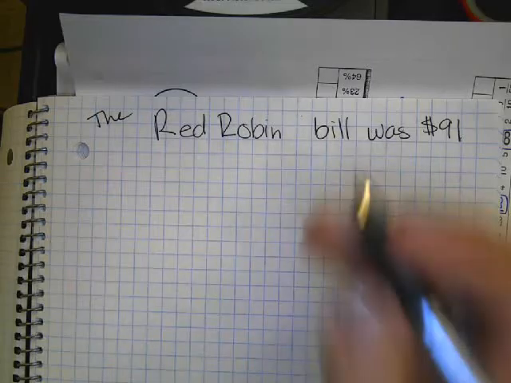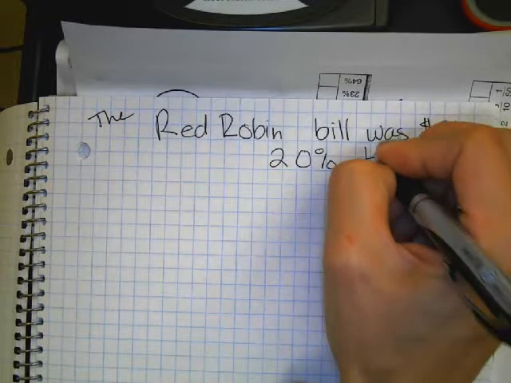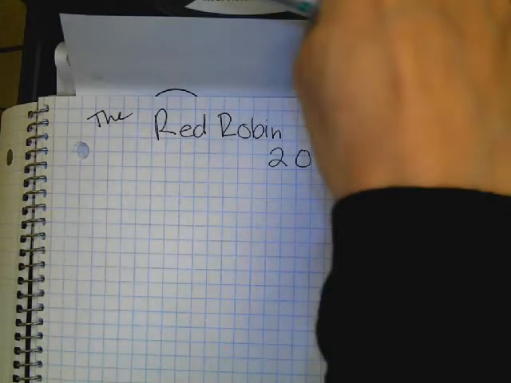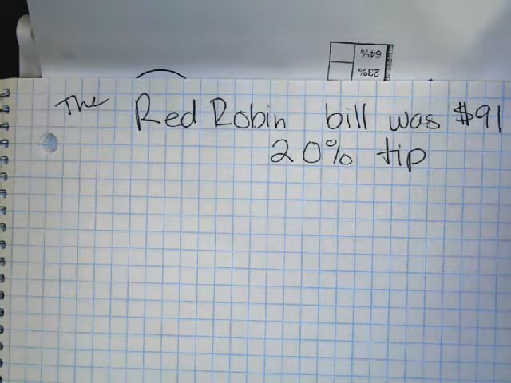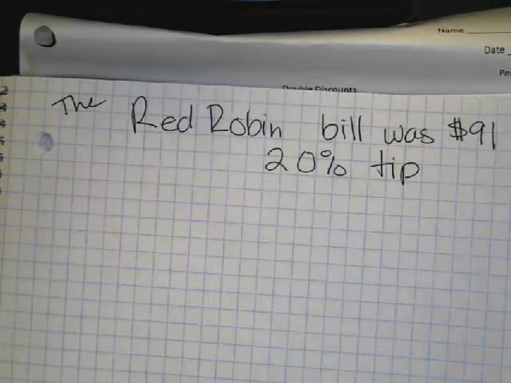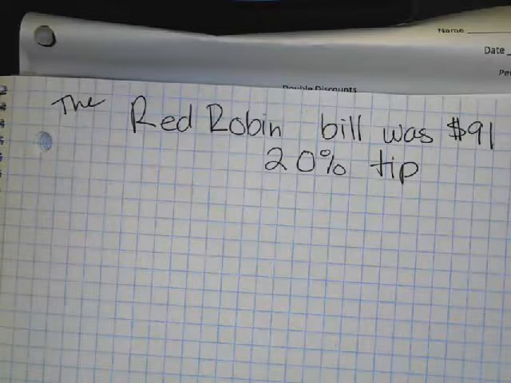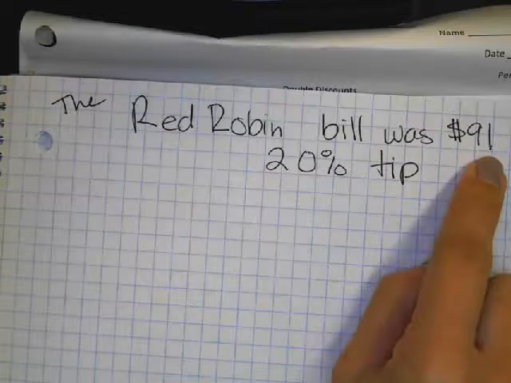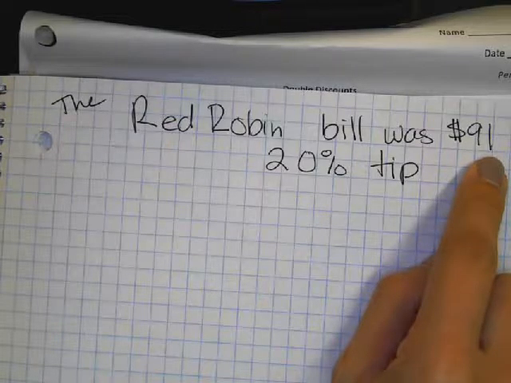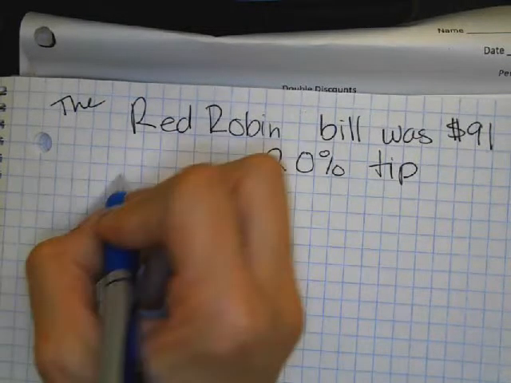We're going to leave a 20% tip. Is your total bill at the end, your answer at the end, going to be more than $91? Good. So that gets you thinking, my answer should be more than 91. All right. Go.